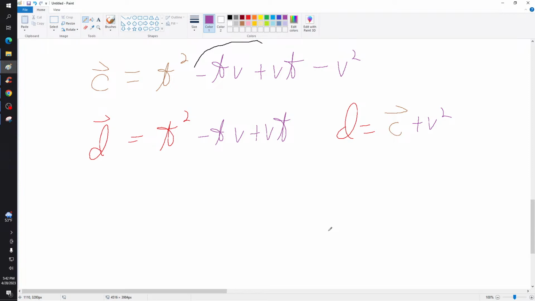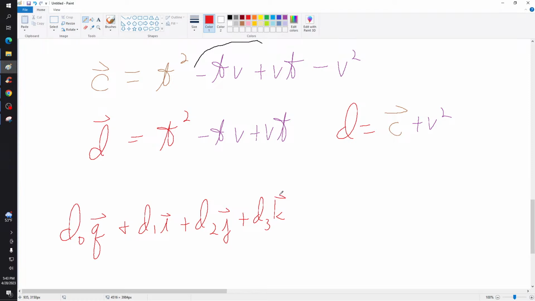So what would be the next step here? We're going to have to go into a bit of theory, but let's go ahead and write what these are at the moment. So we know this would be D null, the real part, plus D1 i plus D2 j plus D3 k.